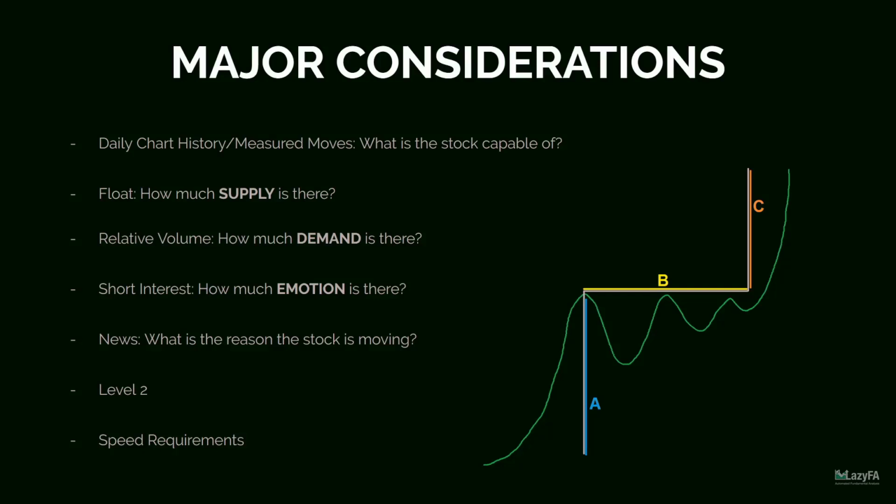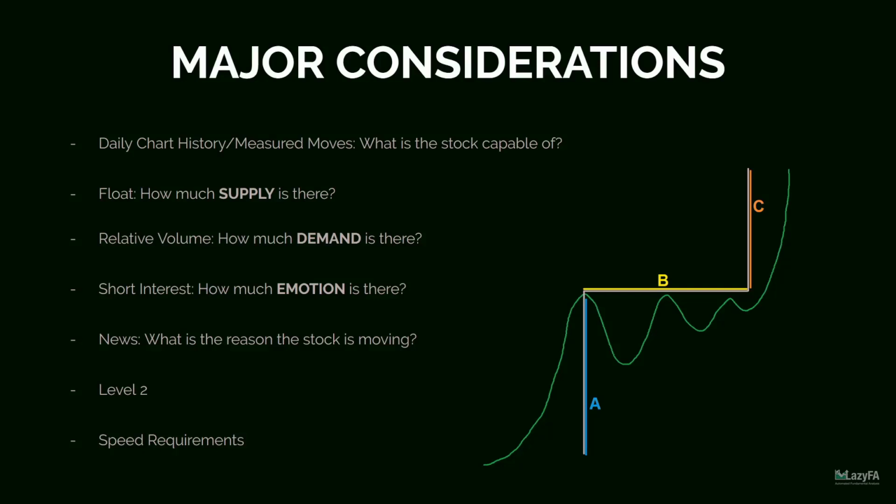But this concept of measured moves, where you have the height of the initial move being A, and then a series of taps against that previous high along line B, then the potential upward move along line C. This is kind of how I determine whether a stock is currently parabolic, by looking at the daily chart or whatever time frame I'm looking at.